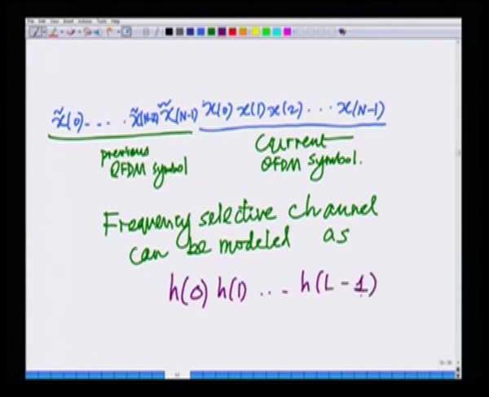So, just to remind you again, this is a multi-tap channel and it has 0 to L minus 1, that is L taps. All right. We said this is the model of a frequency selective channel.